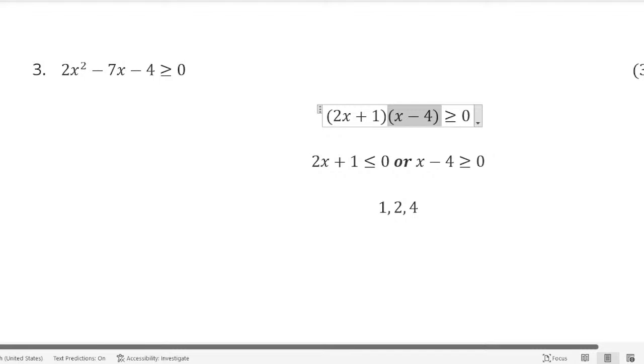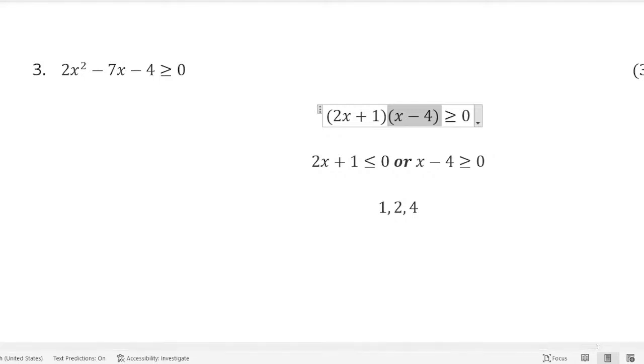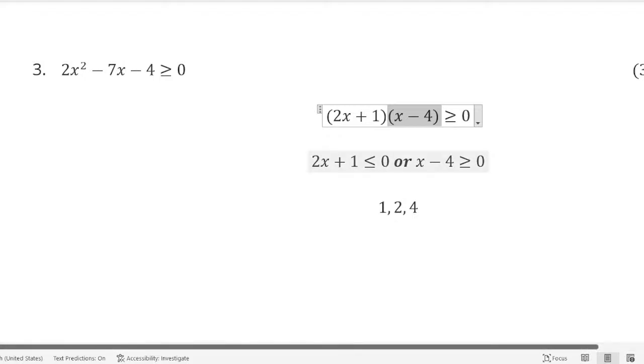So which means the smaller value of x will be smaller than the smallest value, and x will be greater than the big value. So that's why we have 2x plus 1 is less than or equals to 0. Then here we have x minus 4 is greater or is equals to 0.